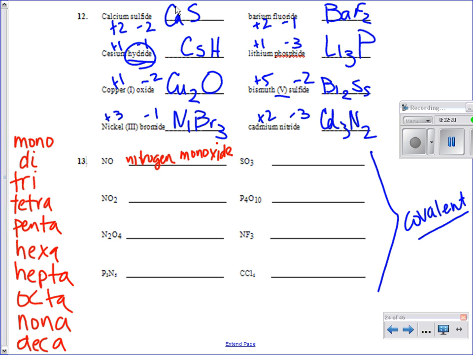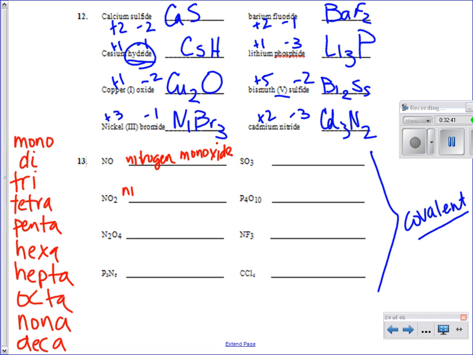But supposedly if there's 2 vowels that are the same right next to each other, you only use 1. So instead of saying monooxide, they say monoxide. And then there's some crazy rule. If you have 2 vowels together and they're not the same, you drop the second one. Whatever you do, as long as I can see you know what's going on, it's going to be fine.